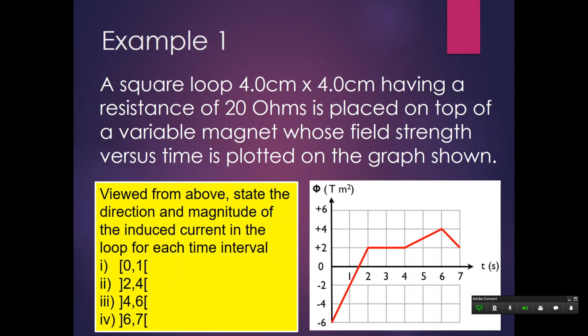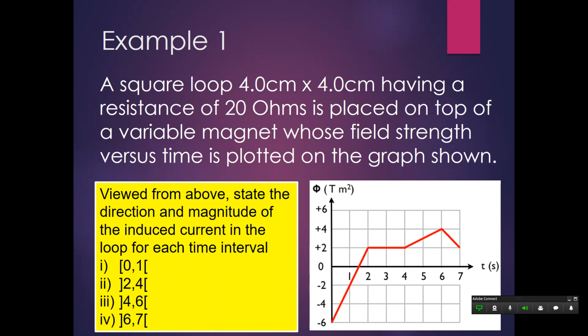Initially, the arrows are very far downward, between 0 and 1. At 1, is it going to be more down or less down? Less down. So it's very down, now less down. What's nature going to want to do? It's going to give you an induced magnetic field in the downward direction.